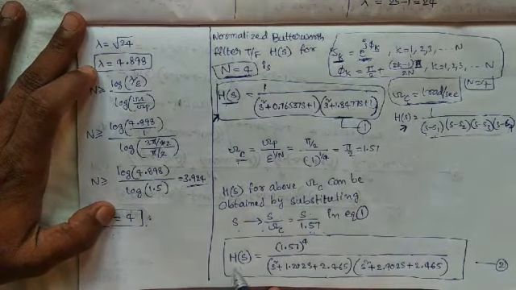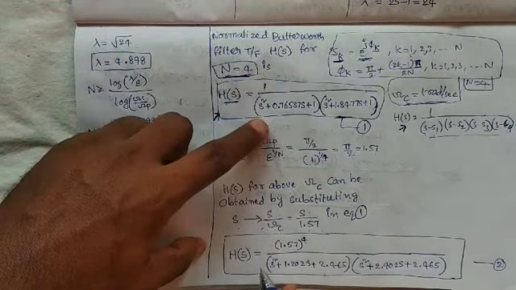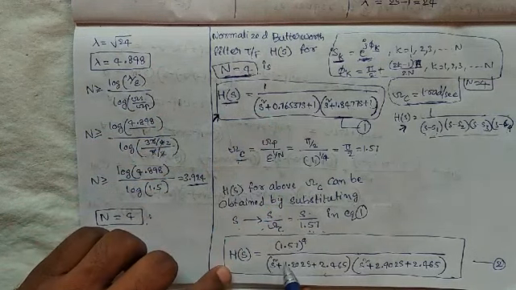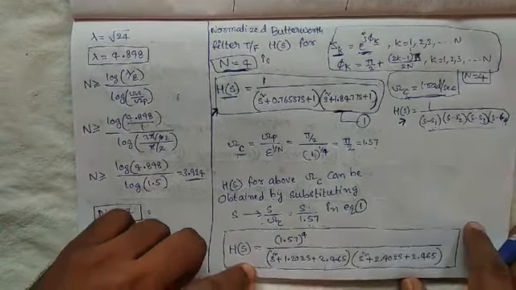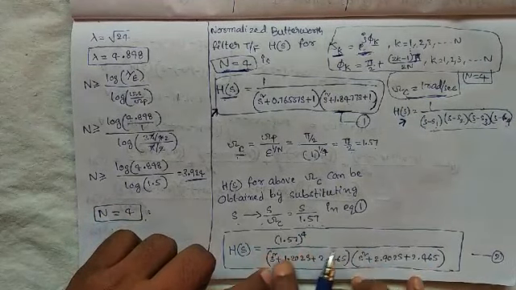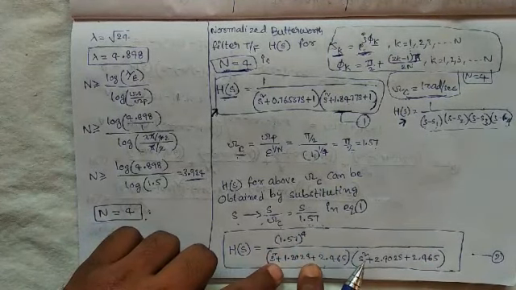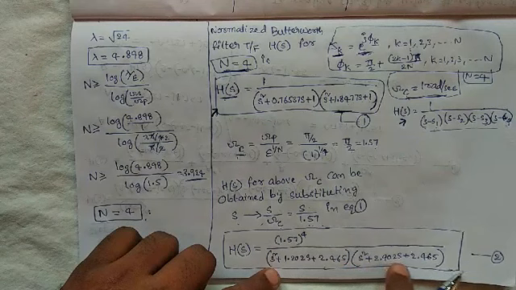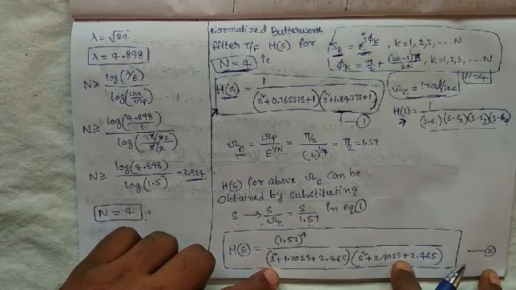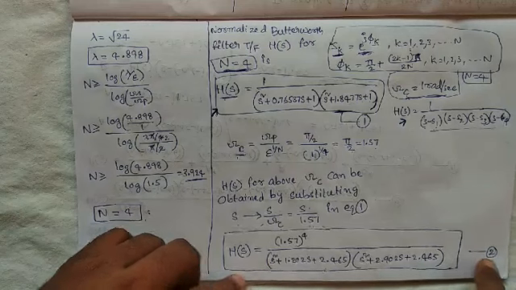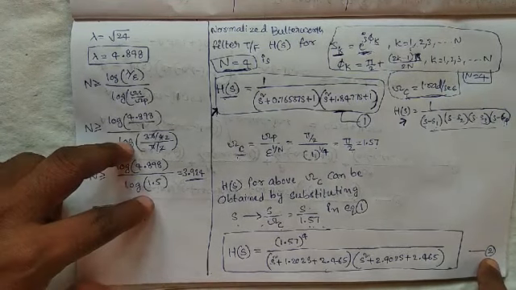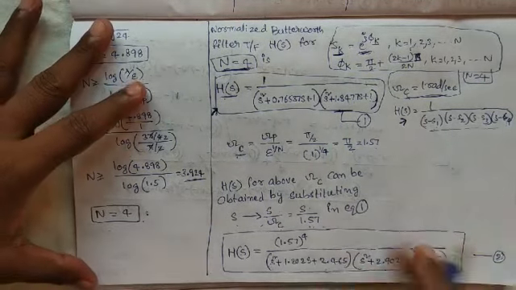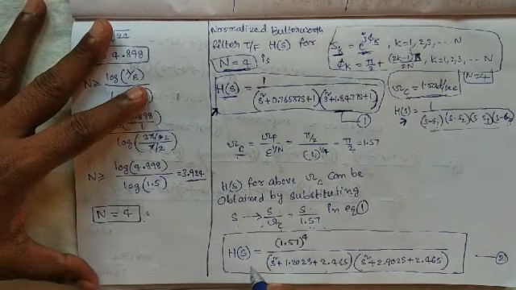Substituting this value and simplifying, we get H of s equal to 1.57 to the power 4 divided by (s square plus 1.202 s plus 2.465) into (s square plus 2.902 s plus 2.465). I am calling this equation 2.